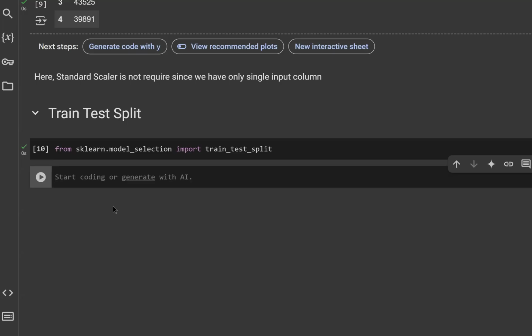What is the sequence of X train, X test, Y train, Y test?